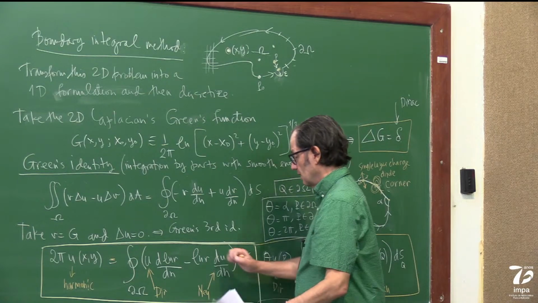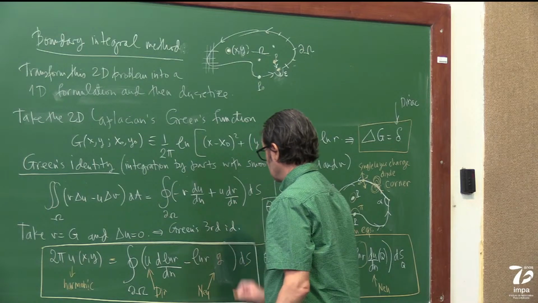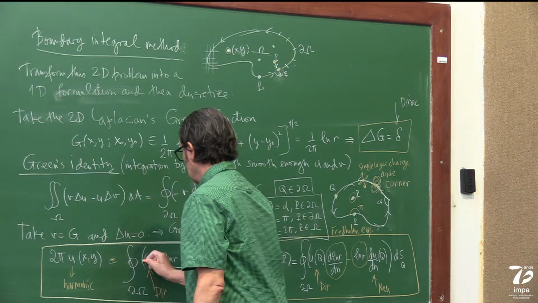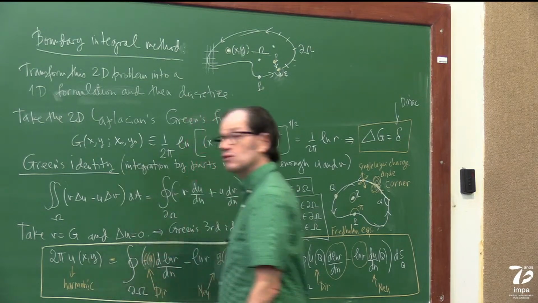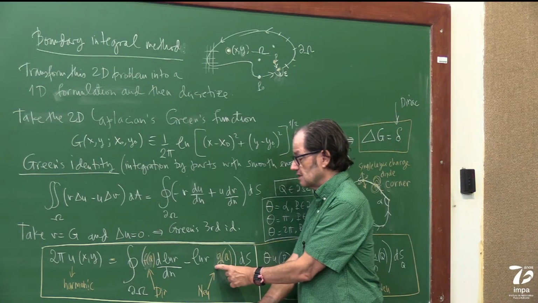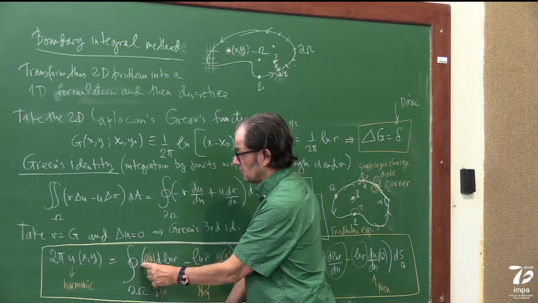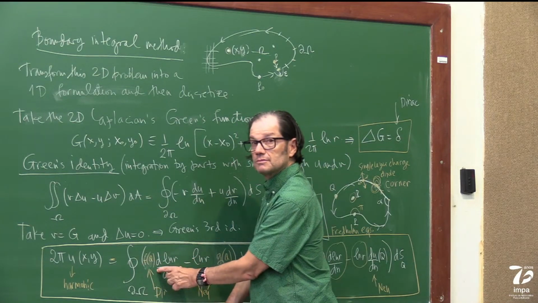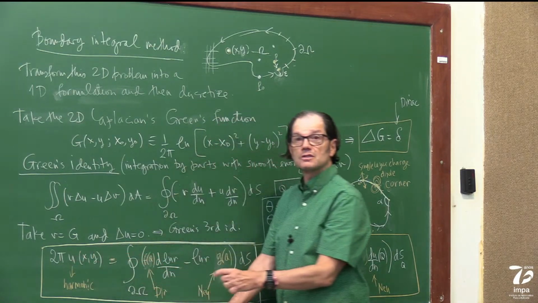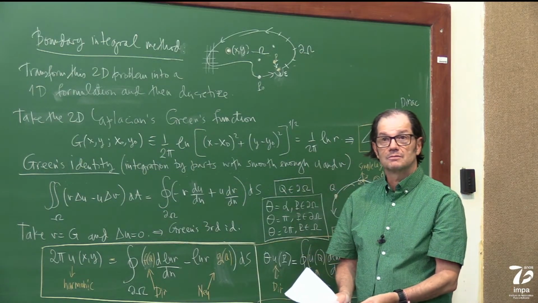So usually we write the Neumann data as a function g of q, and the Dirichlet data as a function f of q, right? These are the intensities of the charges, if it's positive or negative, and these are the intensities of the dipoles, right? So basically, we're representing a harmonic function through singularities on the boundary, okay?